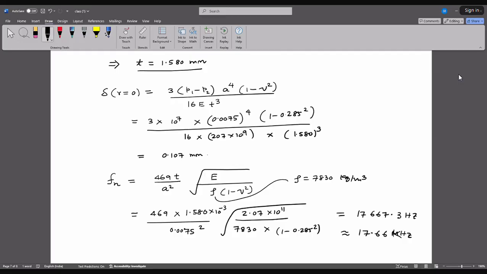Okay, so we have solved these three different questions. One is on the manometer, the second one is on the strain gauge, and the third one is related to diaphragm type pressure transducer.